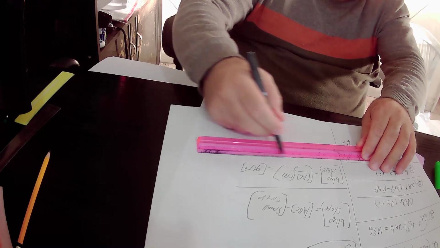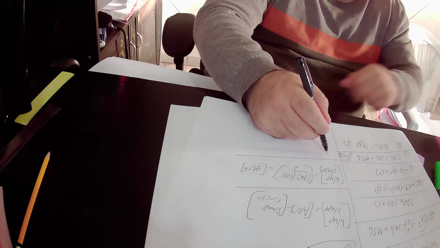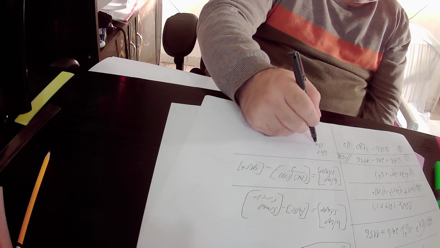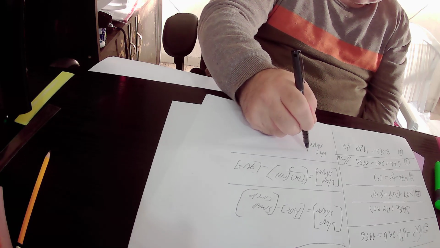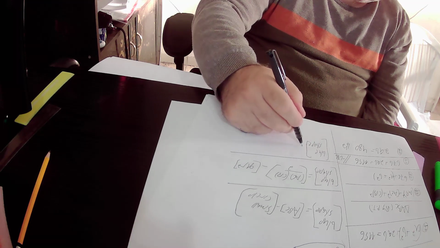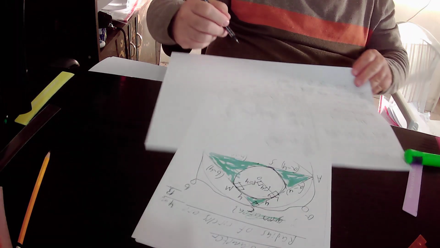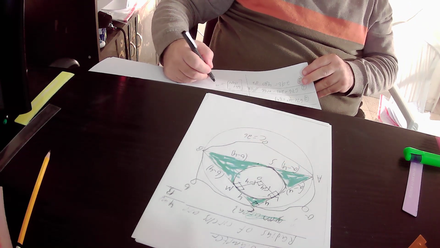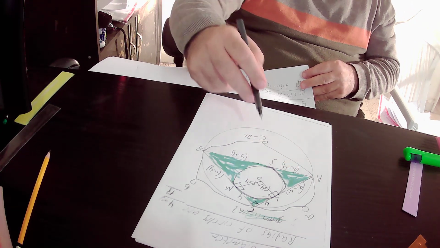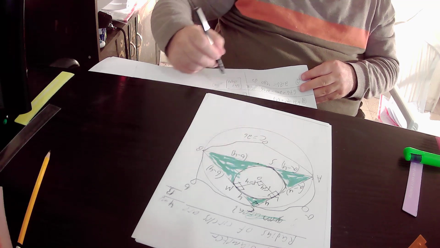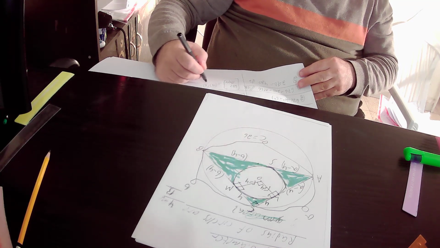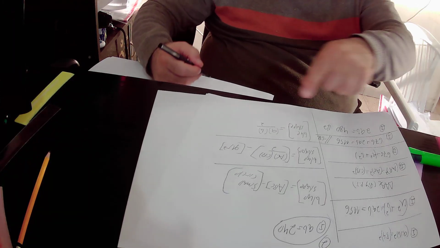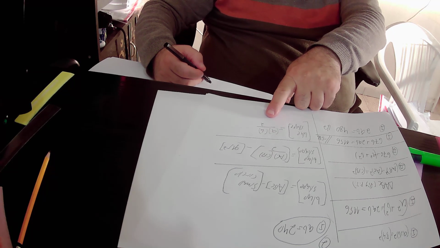So the area of the blue shape will be equal to the area of triangle ABC, that is AC, which equals A according to our definition, times CB, which equals B according to our definition, over 2. So the area of triangle ABC equals A times B over 2.